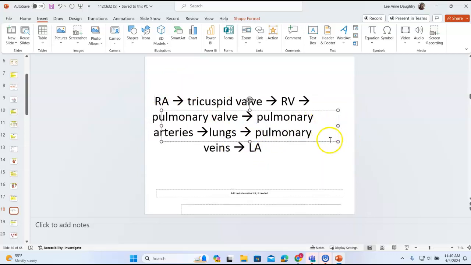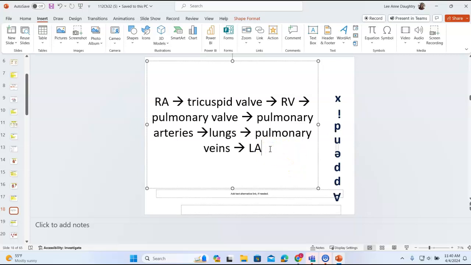And let's move the appendix thing. There we go. That looks a lot better. All right, so left atrium, and the valve that connects the left atrium and the left ventricle is called the bicuspid or mitral valve.